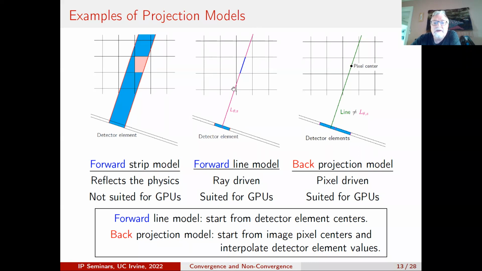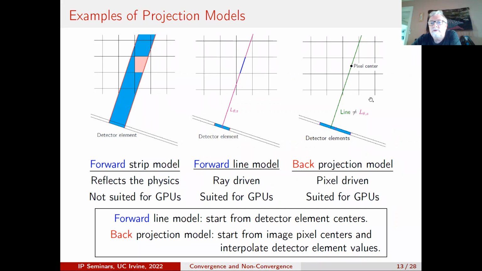And this is very easy to implement. The only thing you need is the length of this line within a pixel. So this is what the GPU does really well. So this line model, a variant of that, is what is used in all codes today. And then for the back projection, well, people do something else again, because it has to run fast on the GPU.